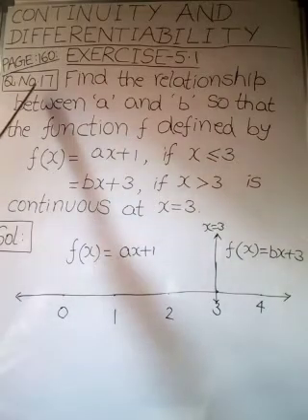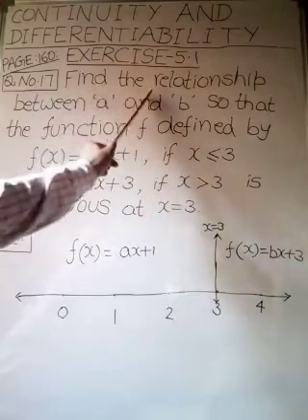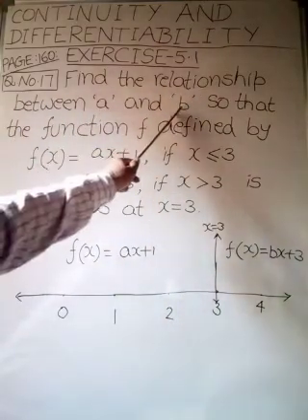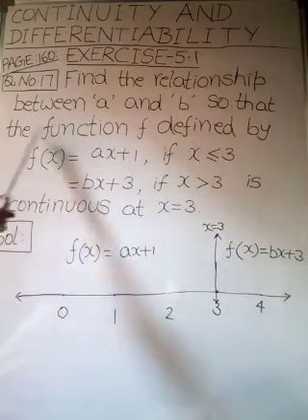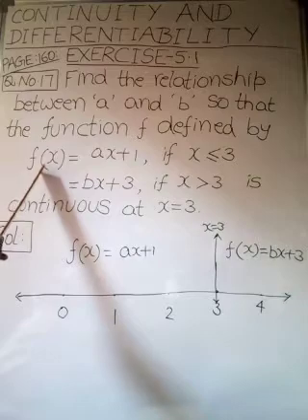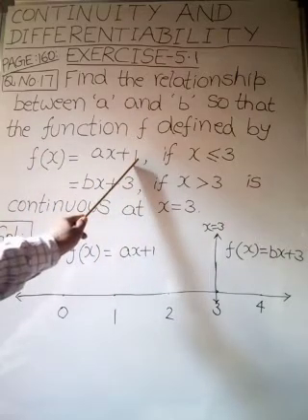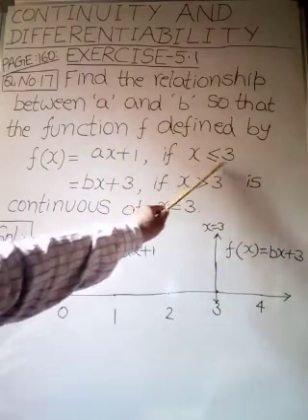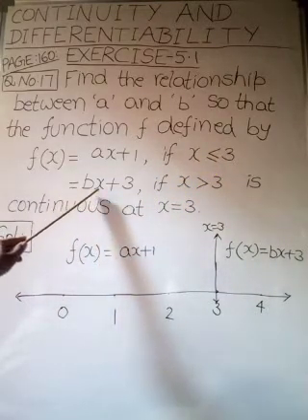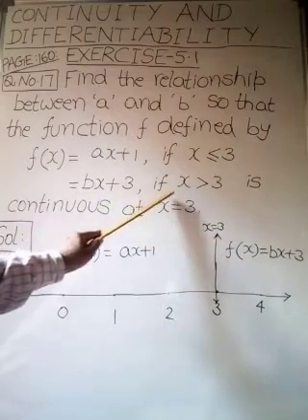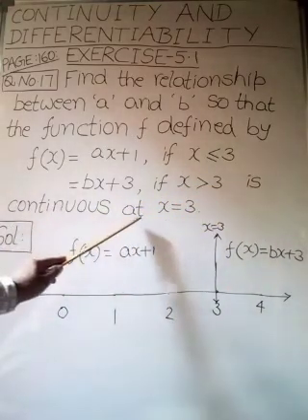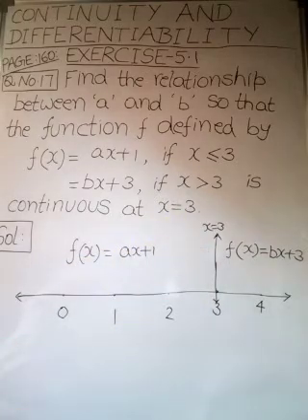See question number 17. Find the relationship between a and b so that the function f defined by f of x is equal to ax plus 1 if x is less than or equal to 3, and f of x is equal to bx plus 3 if x is greater than 3, is continuous at x is equal to 3.